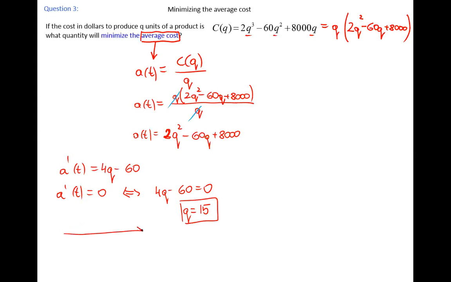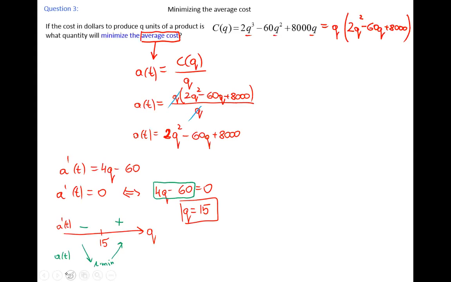We still don't know if it's a minimum. We can use the first derivative test. But actually, because I showed you the parabola, we know that if I test my derivative and substitute a huge number into this formula, I will get definitely positive. Substituting 0, 0 minus 60 will be negative. This means the function is decreasing and then increasing. We definitely have a local minimum value, and of course, that's the shape of the function.